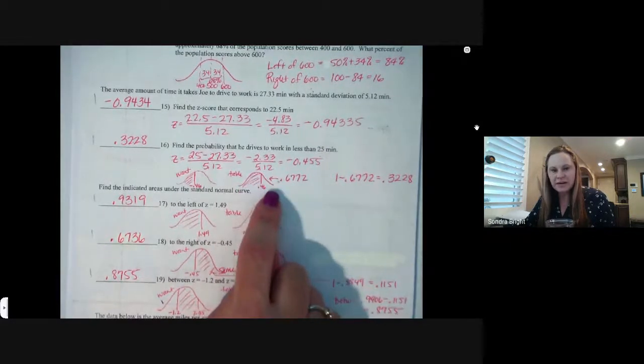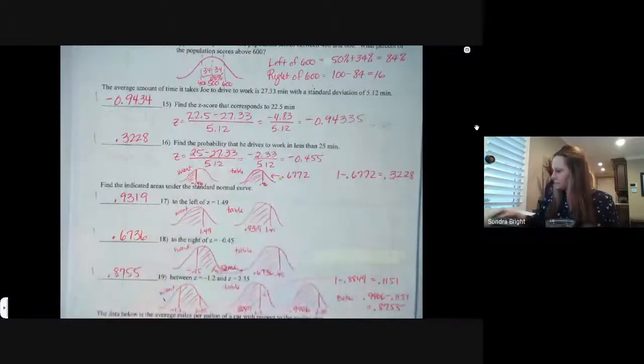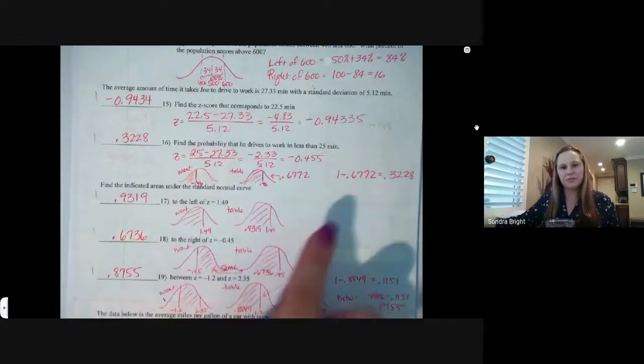That's this shaded area here, but if I want this shaded area to the left of negative 0.46, it'll be the same as the non-shaded area to the right of positive 0.46. The whole area under the curve adds up to 1. And so you just do 1 minus the area of this guy, which is how you get the 0.3228.